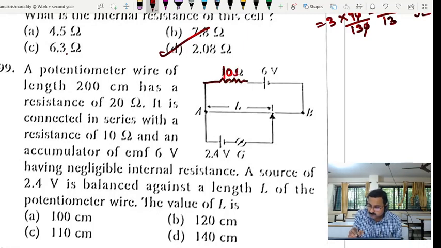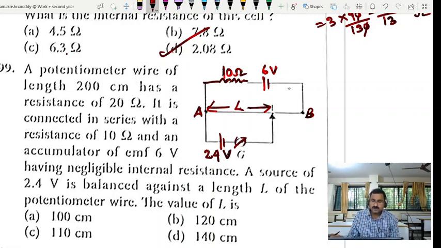This is 10 ohm, a 6 volt battery, that is the cell, and they gave this portion 2.4 volt, and this is A and B, a rheostat like that. A potentiometer wire of length 200 centimeter has a resistance of 20 ohm.